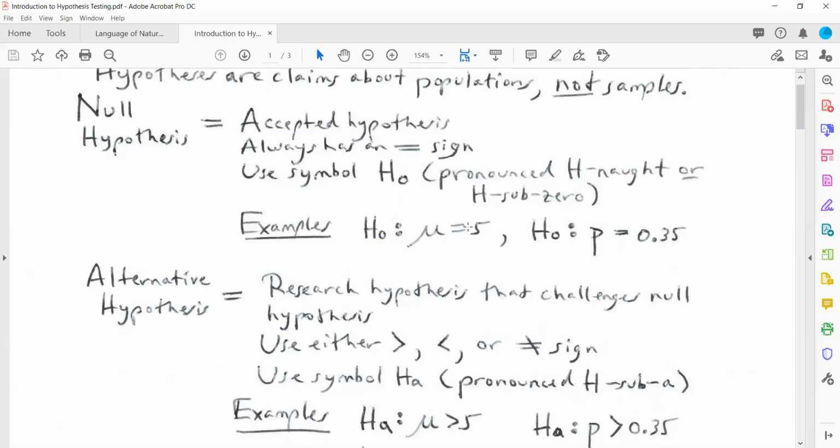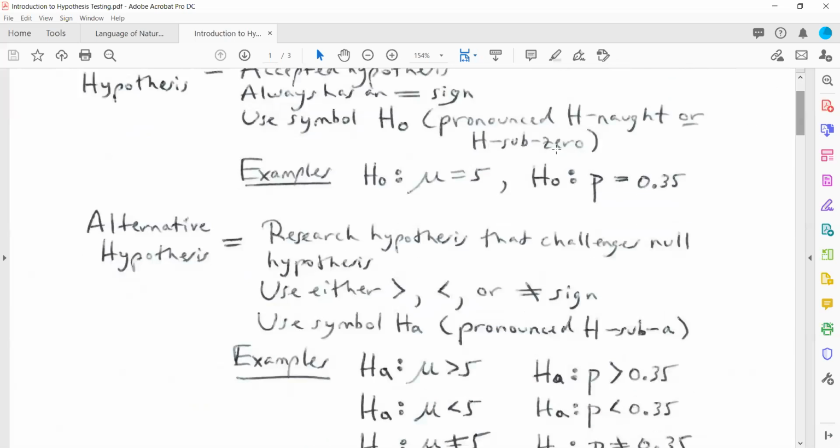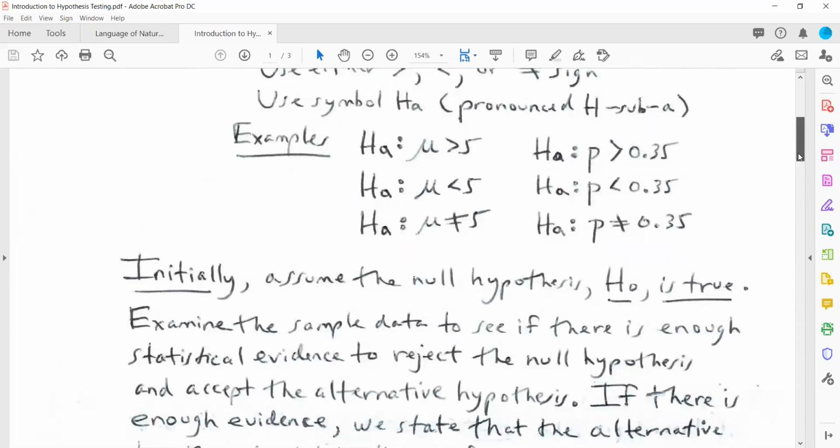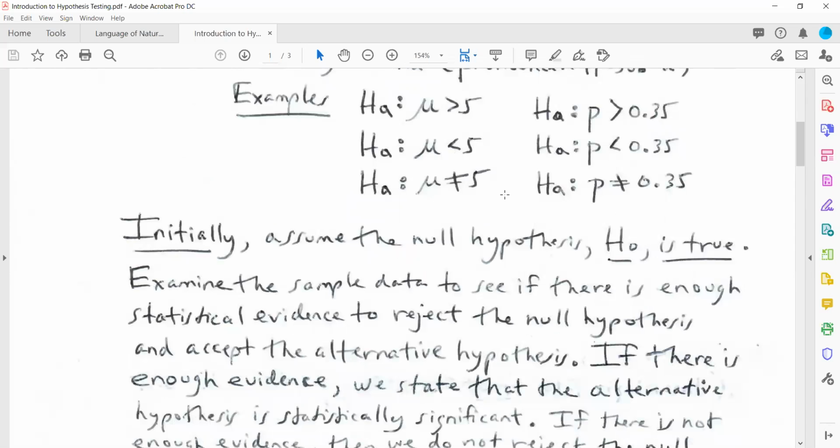If the sample mean is far enough away, either far in terms of being less than it or far away being greater than it, then we would start having doubts whether the population mean is really equal to 5. Okay, I hope that makes some sense. The further away the sample mean is from the population mean, the less chance there is that the population mean is really 5.